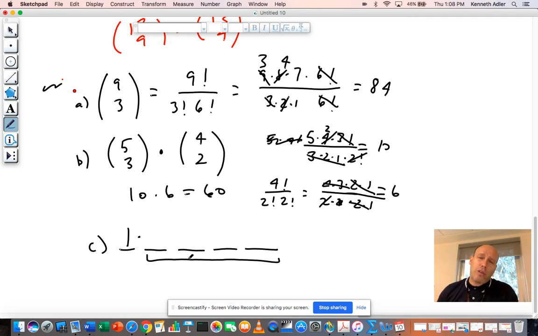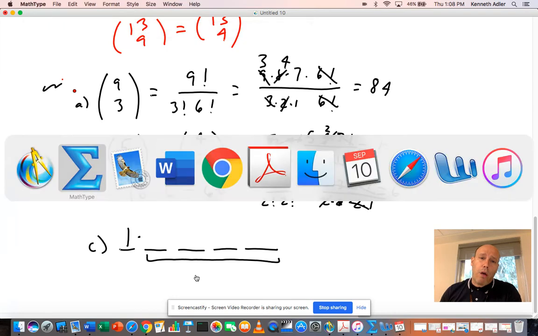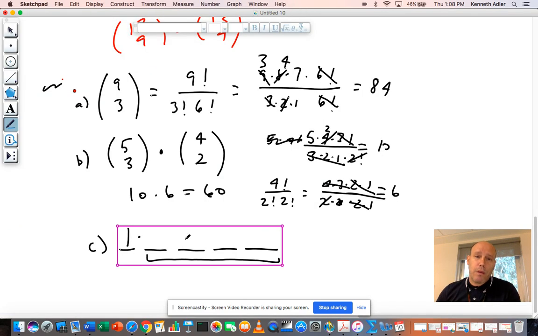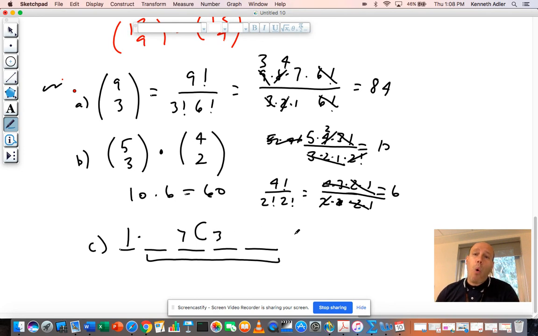How many students are left for the last 4 positions? Well, there's 9 kids, and I chose Arzu, but I can't have Amani, so it's 7 choose 3. Or this is Arzu, right?